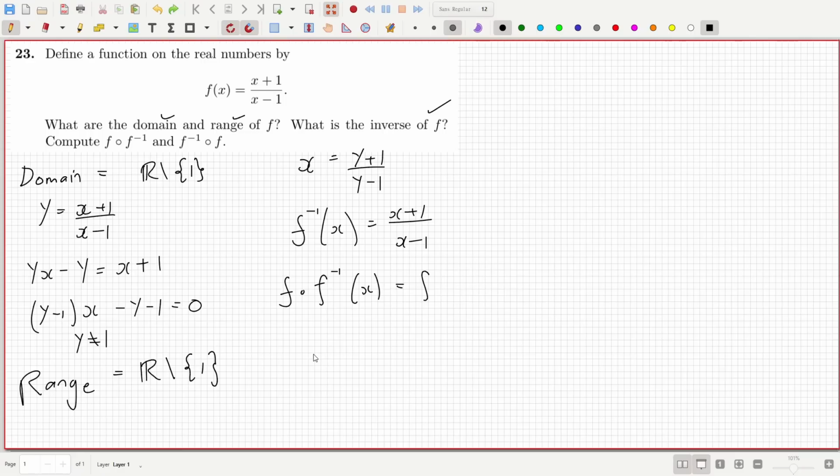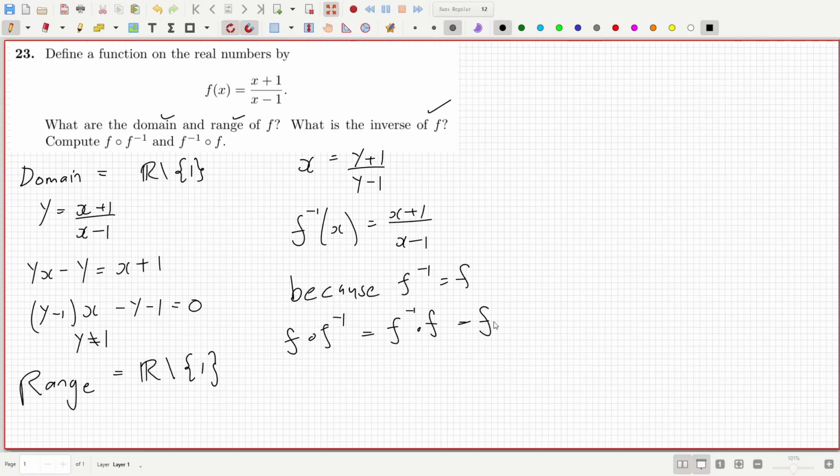Actually, just to be clear, because f inverse equals f, then calculating f composed f inverse is the same as calculating f inverse composed with f, which is the same as calculating f composed with f, or f inverse composed with f inverse. It's all the same. So I'll just calculate this one and should get the identity function.